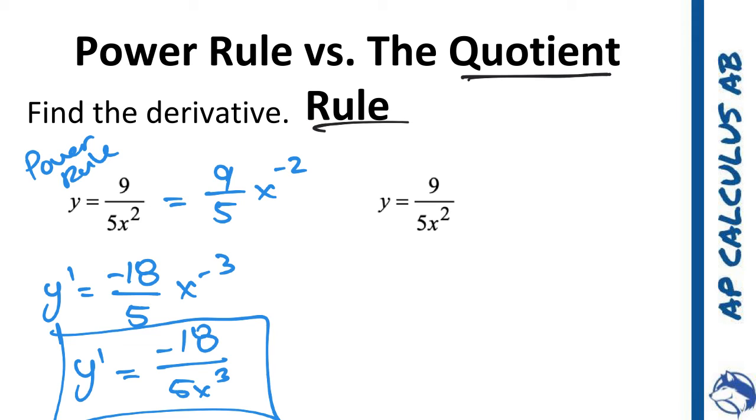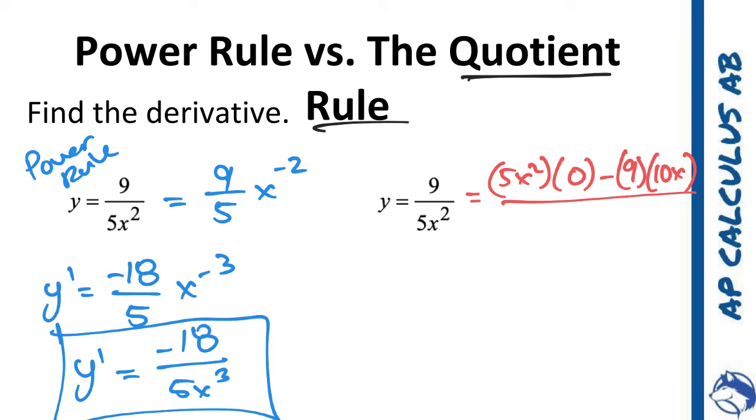Now I'm going to do this one using the quotient rule. So low times d high, well, the derivative of 9 is 0, minus high d low, which is 10x. All of this is over low squared, so 5x squared squared. I rewrite this, and y prime is equal to that first part 0.